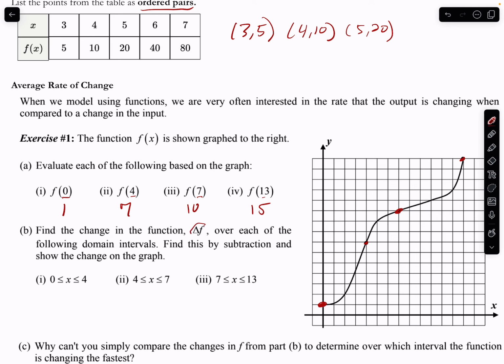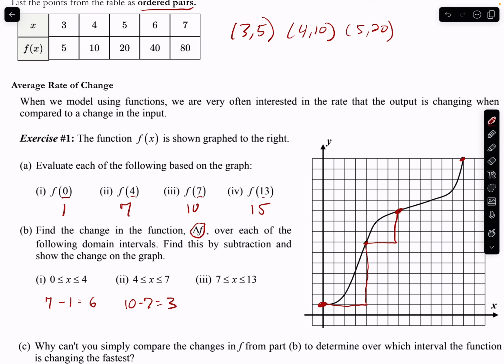Okay? So now, if you want to find the change in the function, the change in f, this is delta f, over each of the following domains, find this by subtracting and showing the change in the graph, right? So if I look at the change, I've got 7 minus 1 would be 6 is the change. If I look at what's going on from here to here, then I look at what's going on in the next interval from here to here, that would be 10 minus 7 would be 3.